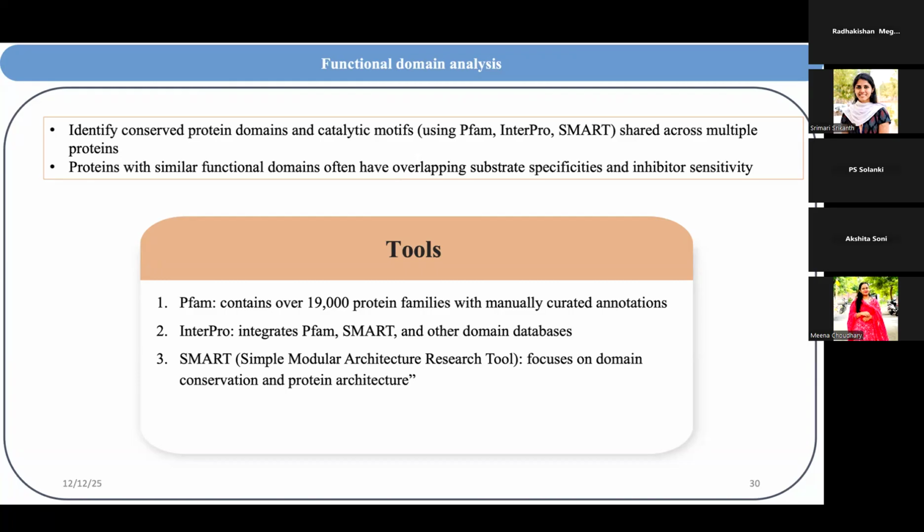For that, databases like Pfam, InterPro, and SMART can be used. Pfam contains more than 19,000 protein families and is manually curated. InterPro integrates Pfam, SMART, and other protein domain specific databases. And SMART particularly focuses on protein domain conservation and architecture.